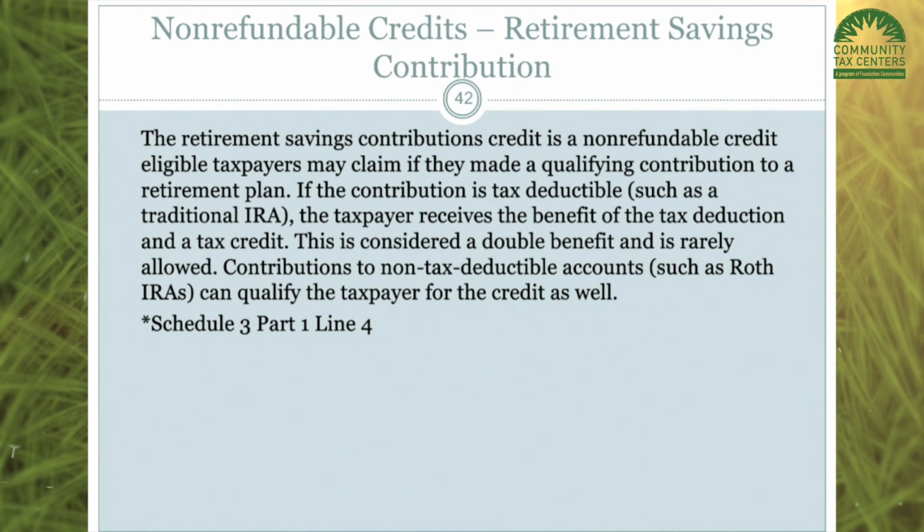So again, that's for the traditional only. They're able to write the deduction off on their tax return, and because they've contributed, if their income is within the applicable range, they can also receive this non-refundable credit. Contributions to a non-tax deductible account, such as a Roth IRA, can qualify for the credit as well.